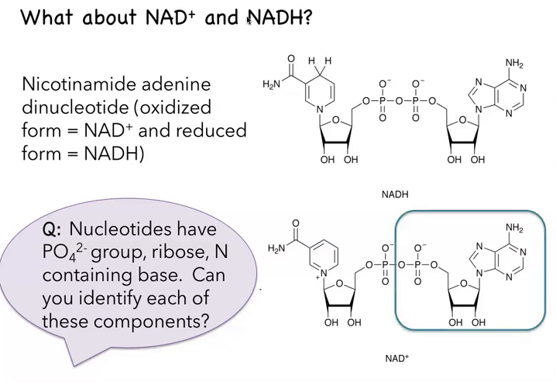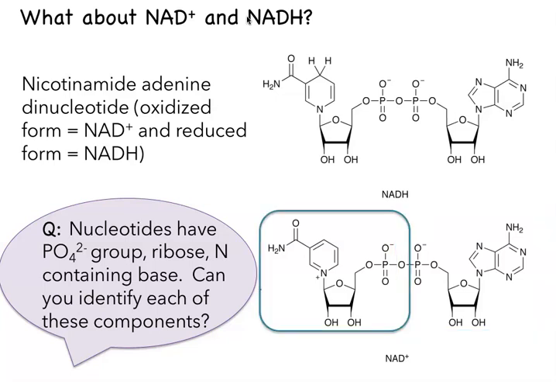So here, what I've just circled is the nitrogen-containing base adenine, sugar ribose, and a phosphate. Over here, there's a different nitrogen-containing base, that's nicotinamide. There's a ribose and a phosphate. So together we're going to call this nicotinamide adenine dinucleotide, two nucleotides that have been joined together.